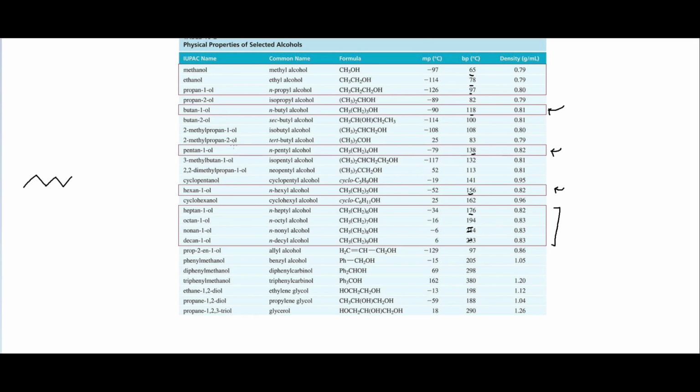And we can also look at propan-2-ol and butan-2-ol. Propan-2-ol has a boiling point of 82, butan-2-ol of 100, and so on.